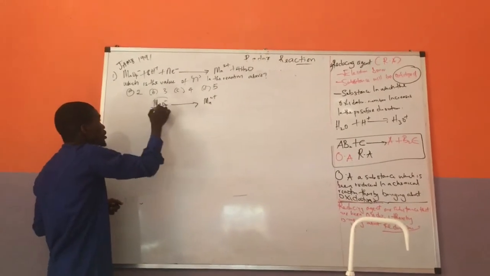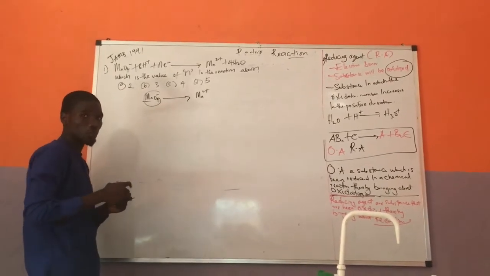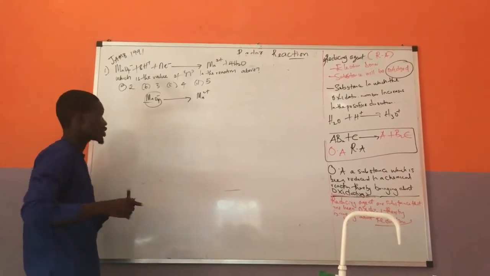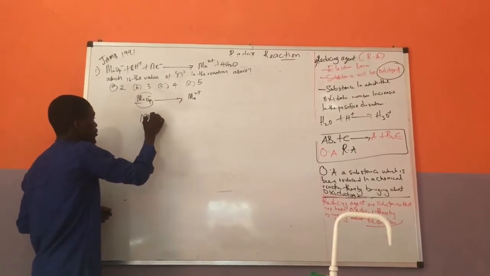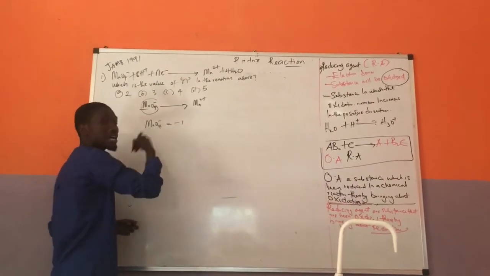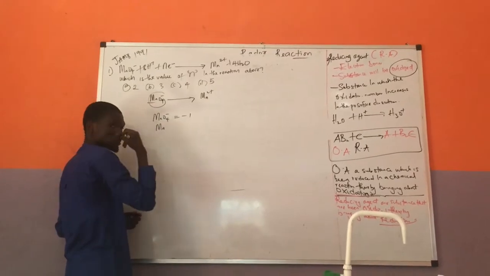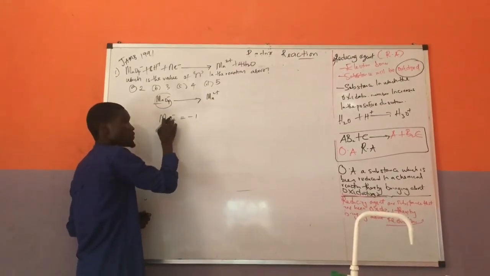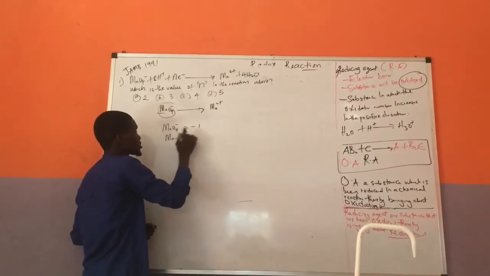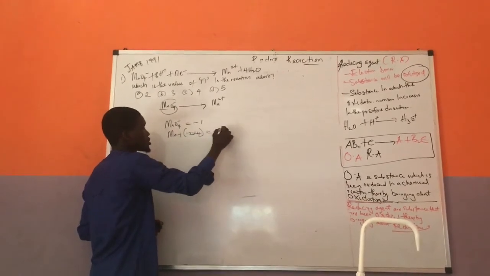This will be equal to minus 1, if you watch the video on oxidation number. So I have Mn plus the valence charge of oxygen, which is minus 2, times 4, is equal to minus 1.